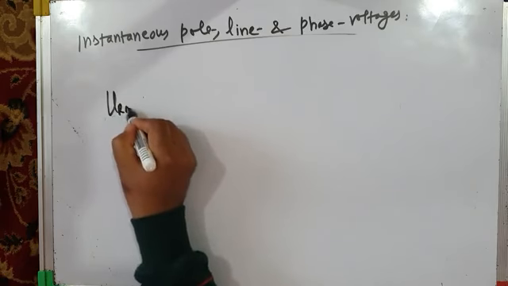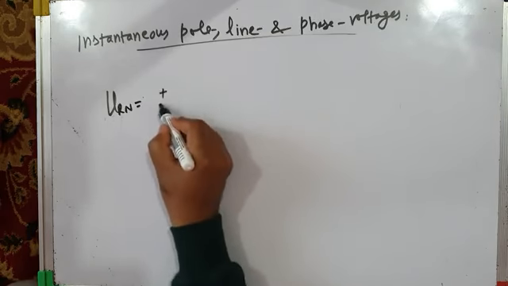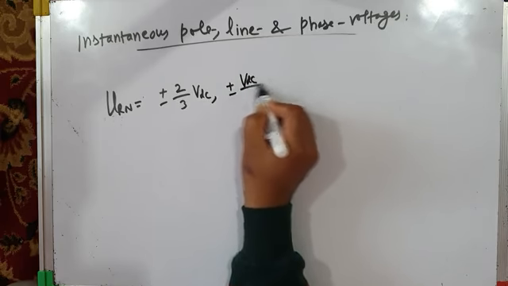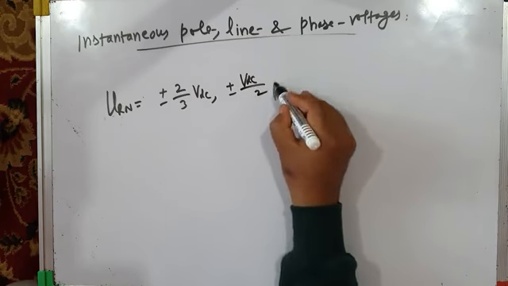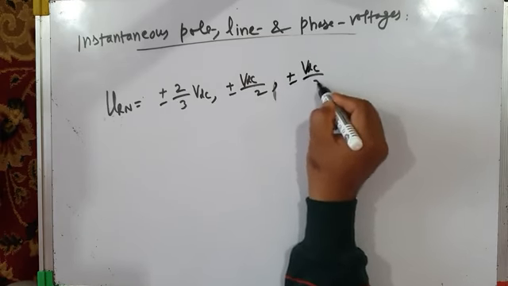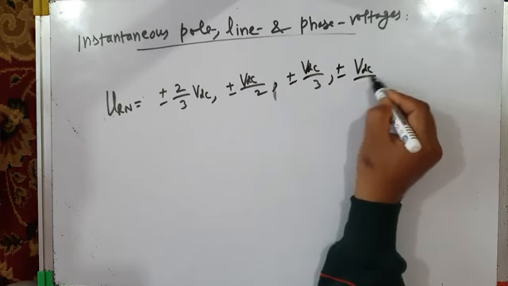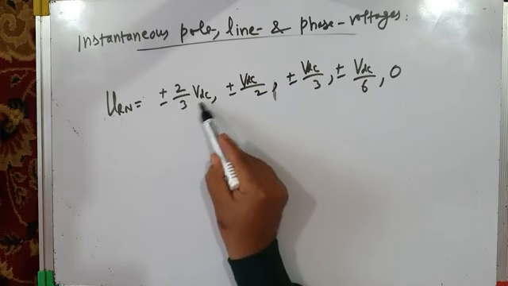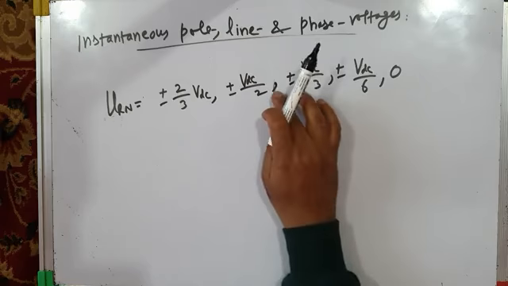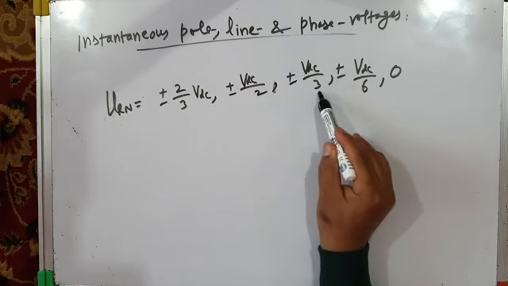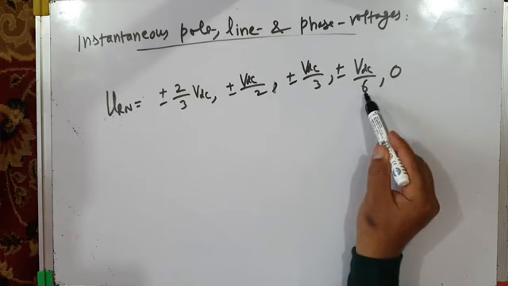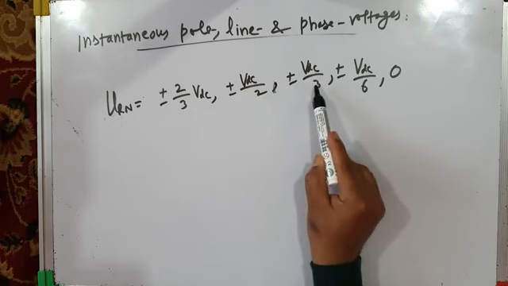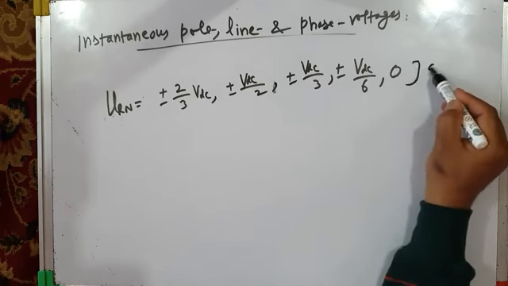For example, VRN may be plus or minus 2 by 3 VDC, plus or minus VDC by 2, plus or minus VDC by 3, plus or minus VDC by 6, or 0. How many levels are these? 2 plus 2, 4 plus 2, 6 plus 2, 8, 9. So phase voltage has 9 levels.